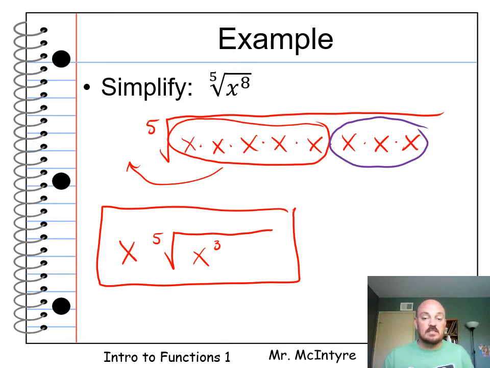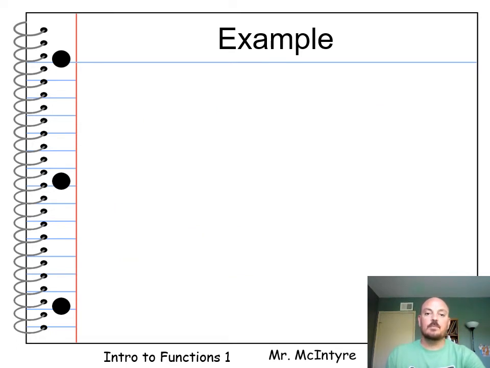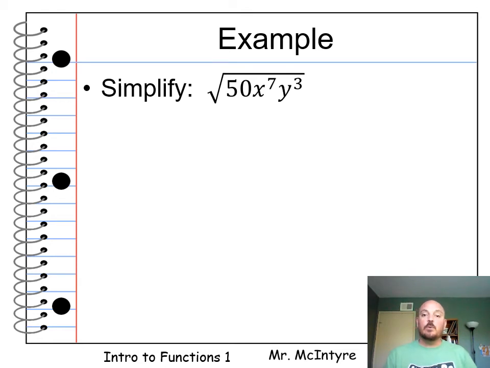Now I want to do one more example with you guys, because I want you to see one where we put it all together. We have the number, and we actually have 2 different variables in there. So because we have the number, let's start off with the factor tree again, like we did in our first example. So let's take the 50, and let's split it up. When I see that 50, I think, okay, well, let's start off with 5 times 10. The 5's done.